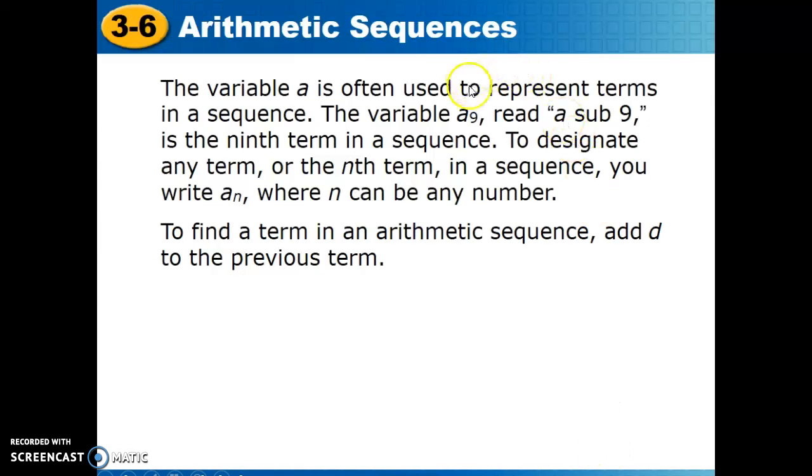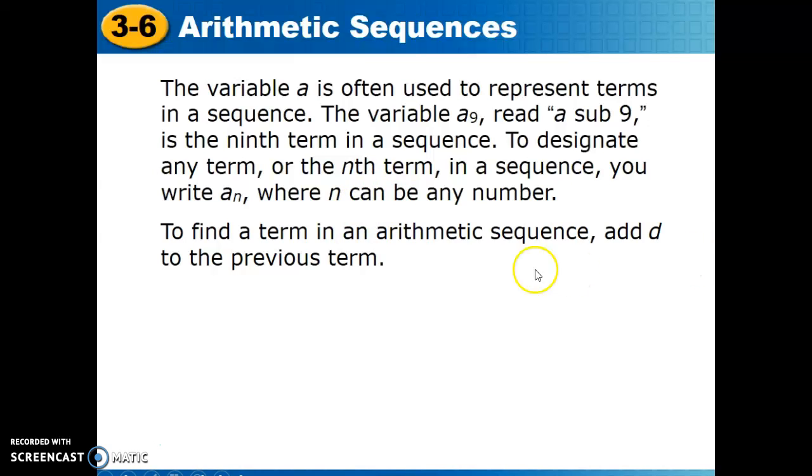The variable a sub 9, read a sub 9, a with a little 9, is the 9th term in a sequence. To designate any term, or the nth term, you write a sub n. N can be any number, and we're used to that because we're in algebra, and we know that variables happen.